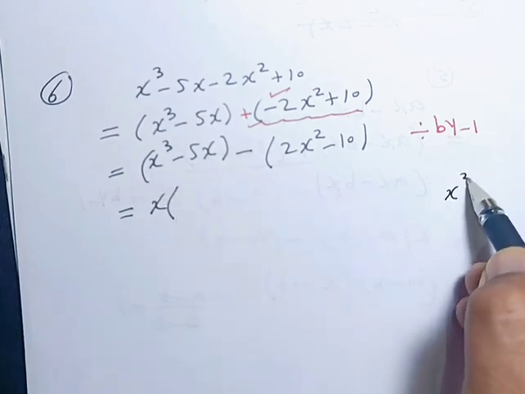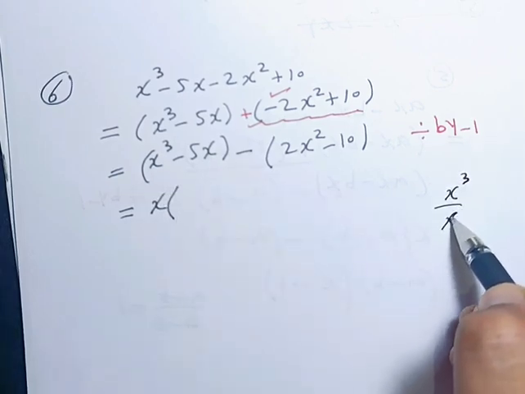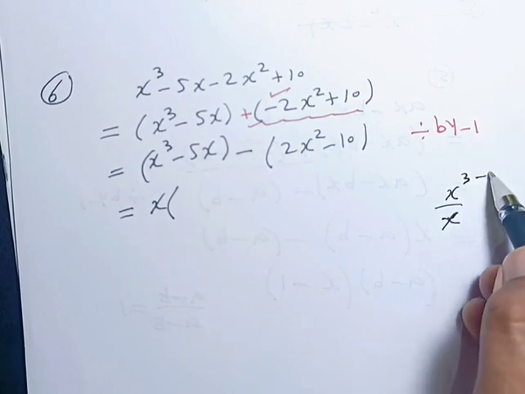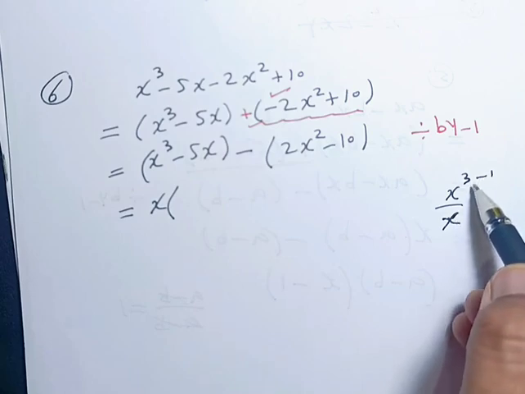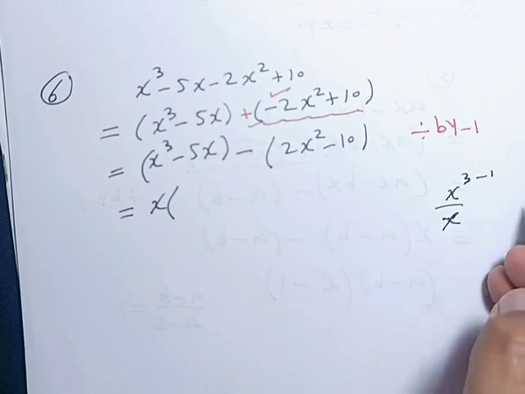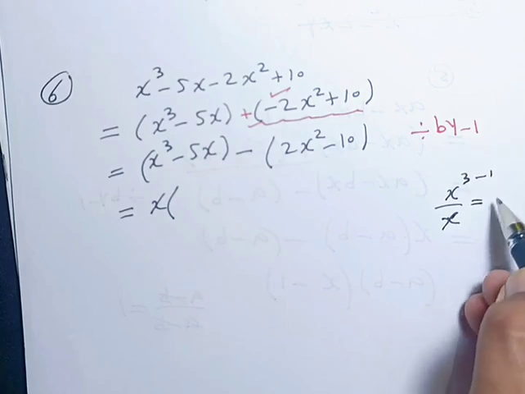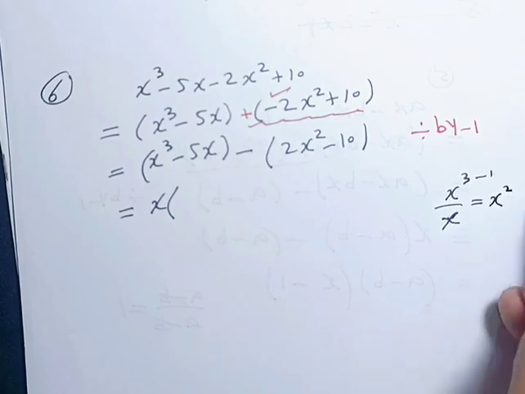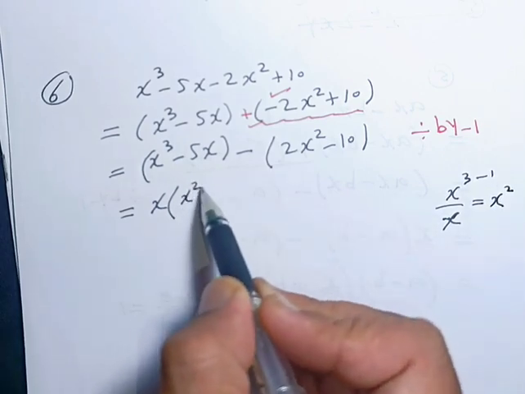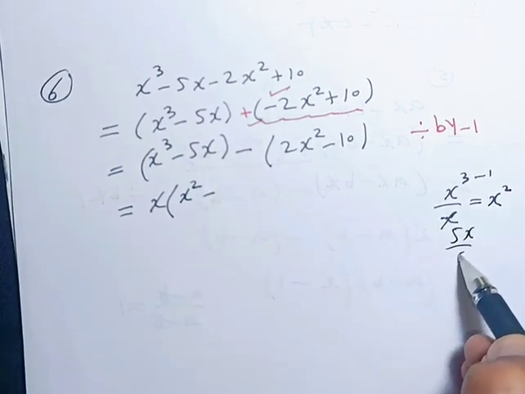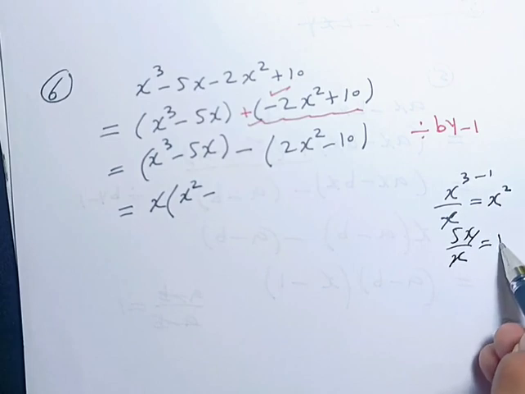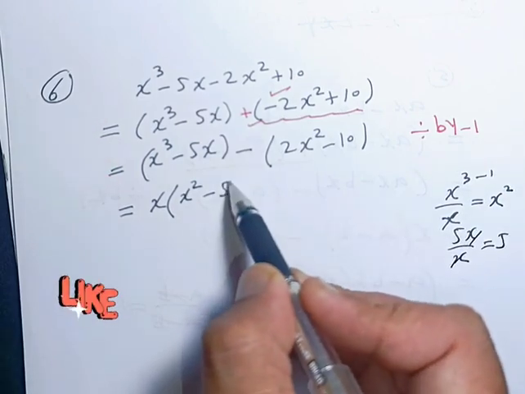So x power 3 divided by x: using the exponent law, when you divide, the power must be subtracted, so x power 2 is left. Next is minus 5x divided by x, the x cancels, only 5 is left, so I put the 5 here.